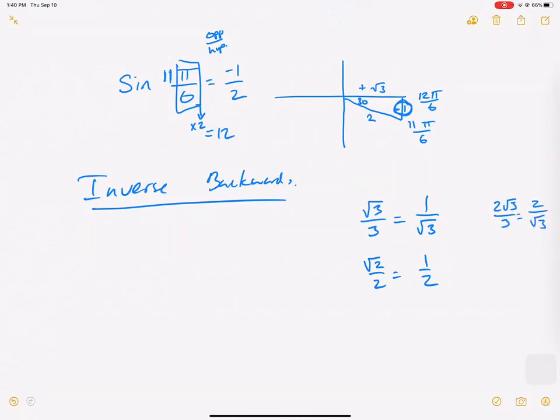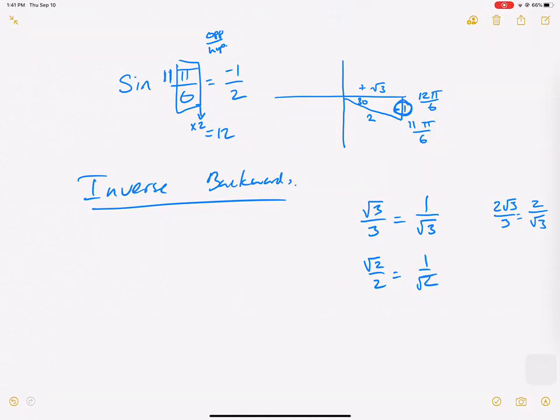Whenever you see a square root on the top and the same number on the bottom, it really was from the bottom.